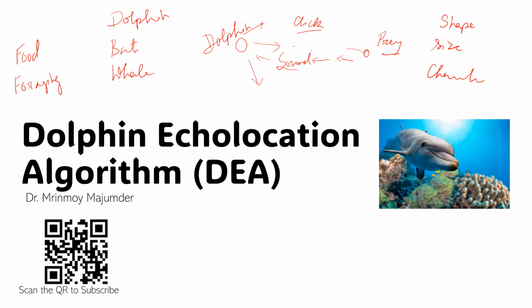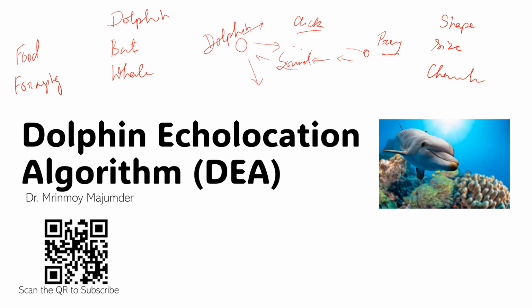So when both or most of the members confirm that there is a prey in that direction, then the chance of getting the prey is increased. So the probability of availability of prey in that direction also gets increased. So the entire swarm starts to swim in that direction only.